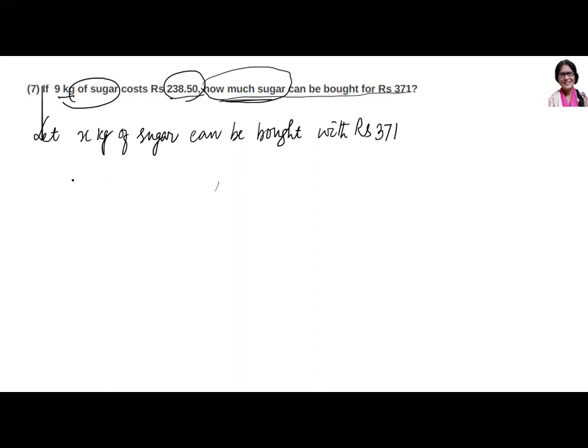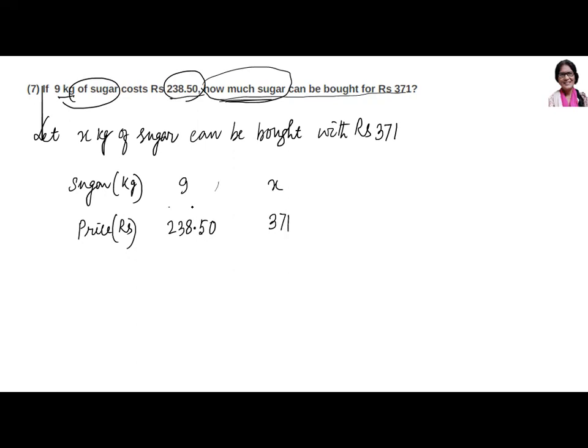Then I'll write here sugar in kg. Next is price in rupees, or cost in rupees. Sugar is 9 kg and the cost is 238.50. And when it is x kg, it is 371.